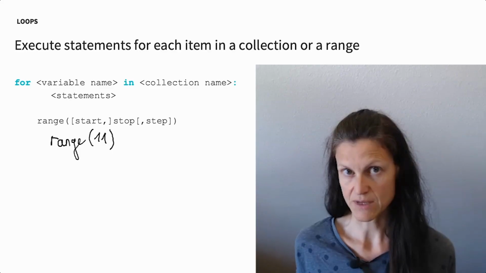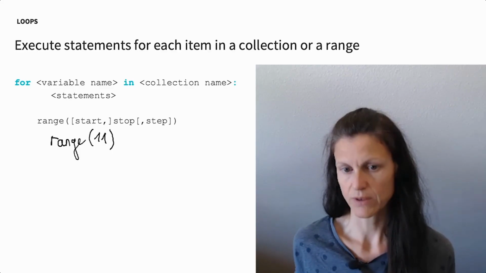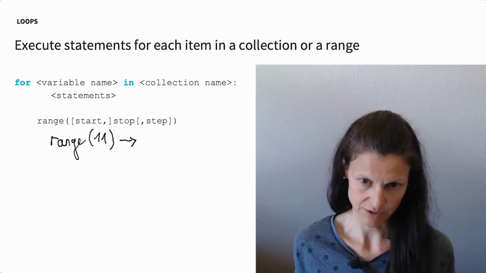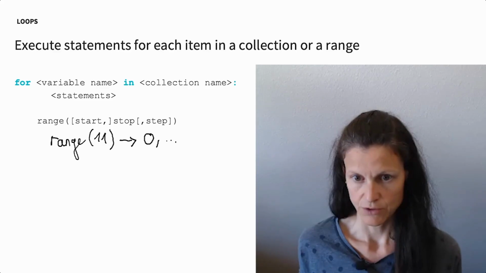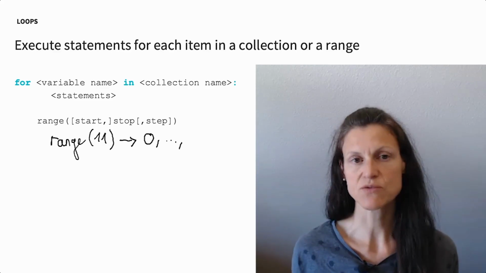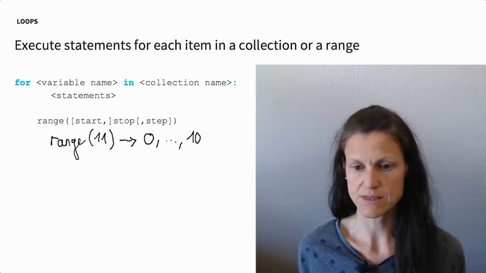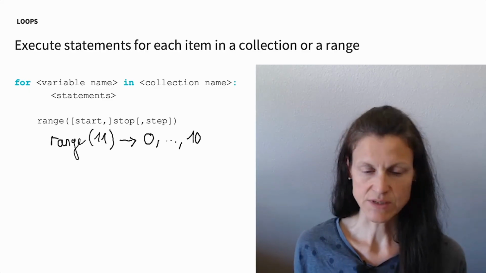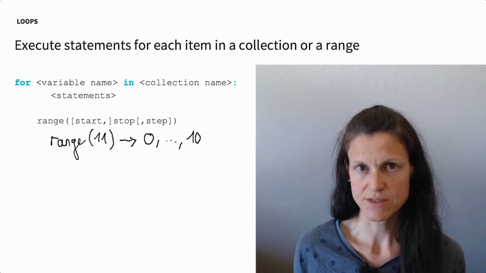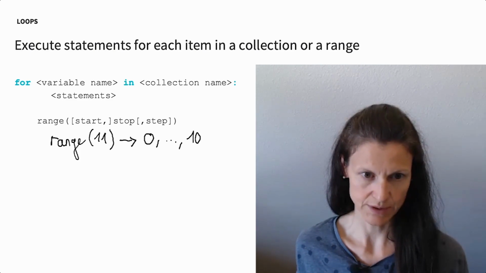We didn't give a start index, so it starts with 0, which gives us a range of numbers from 0 to, and since the stop is excluded, to 10. The numbers from 0 to 10, and the step size here would default to 1. So this is another iterable which we could just use in this syntax up here.